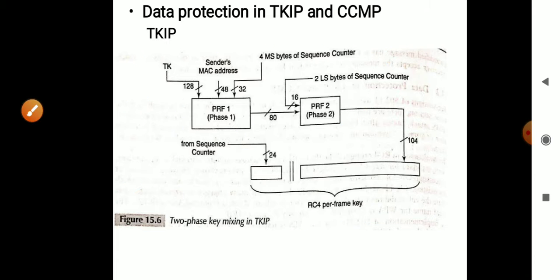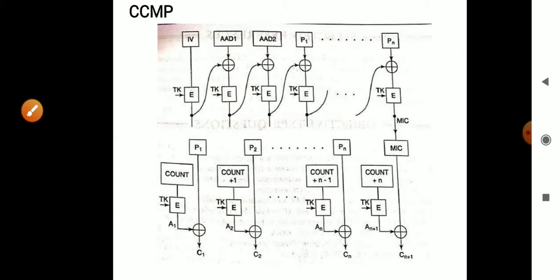The next method that we are seeing is CCMP, that is Counter Mode with CBC MAC Protocol. Even in this, you can see in the diagram that the TK, that is the temporal key, is fed as an input, and the initialization vector is taken.